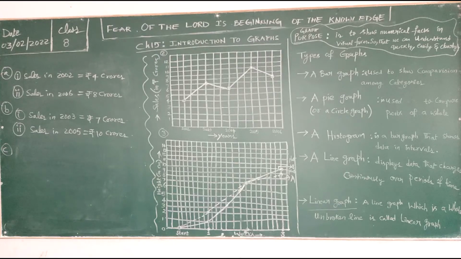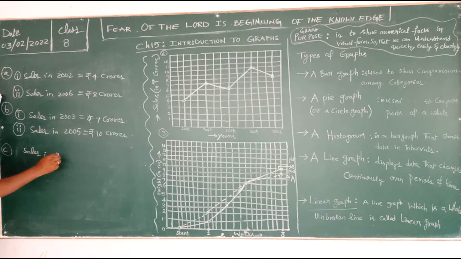Very good. Some have already written answers, but let's understand first. Compute the difference between the sales in 2002 and 2006. So write here sales in 2006 and sales in 2002.